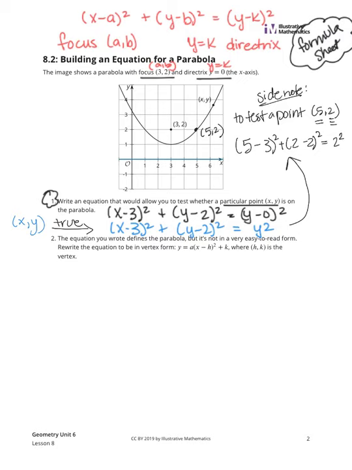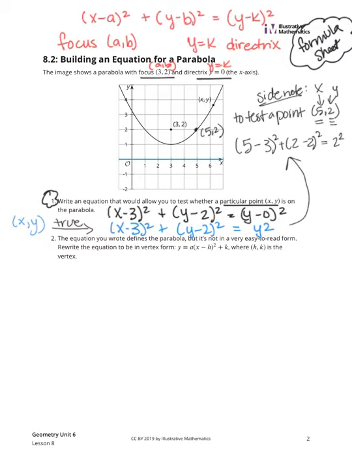So all I did is take my blue equation or the black equation, doesn't matter, and I plugged in 5 for x and a 2 for y. If this point is on the equation, it will make this true. So let's check this out.